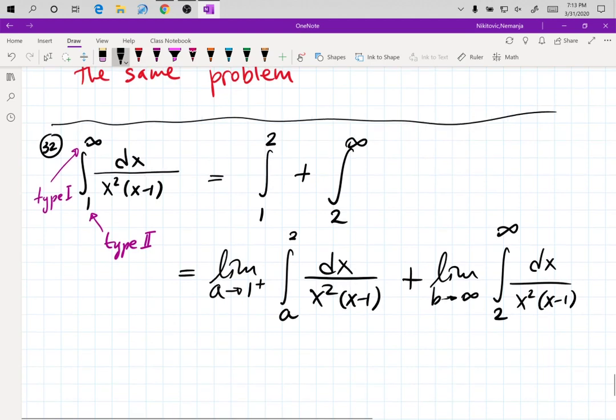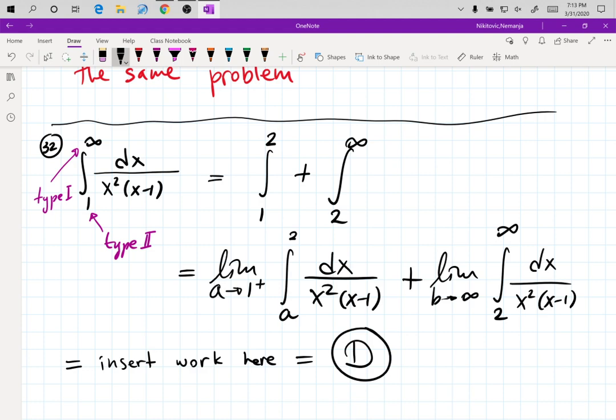Now the work here is what we did up there: same integration, partial fraction decomposition, and so on. And you get your divergence at the end because you'll have that ln term that is going to ruin everything.